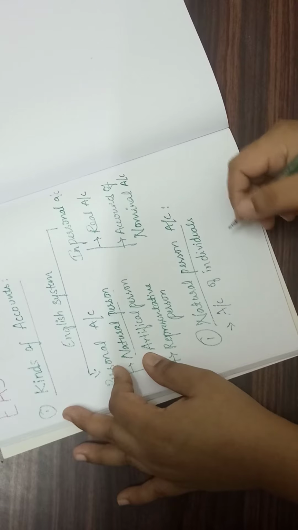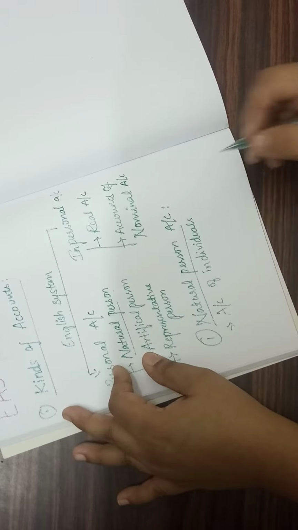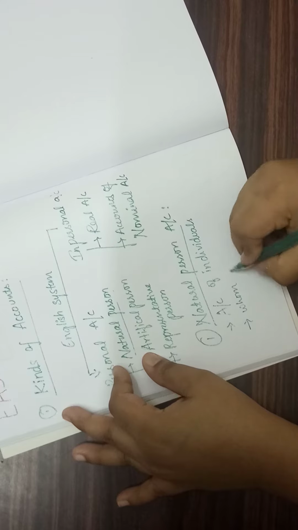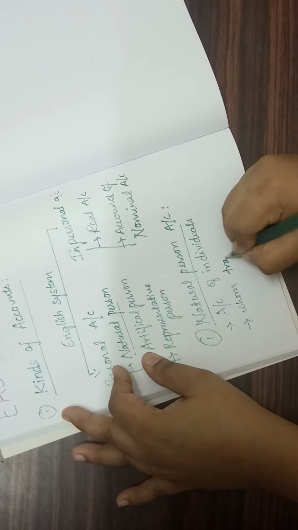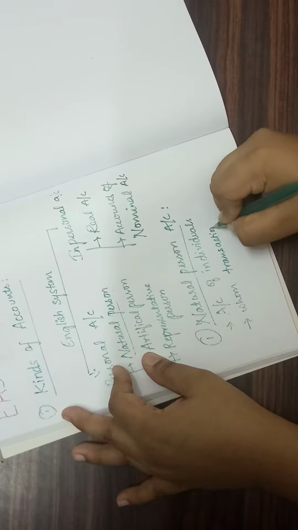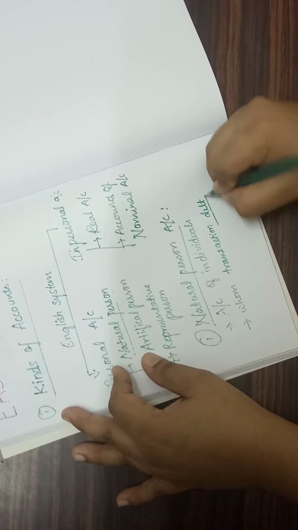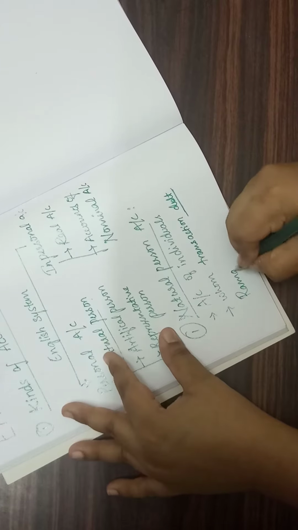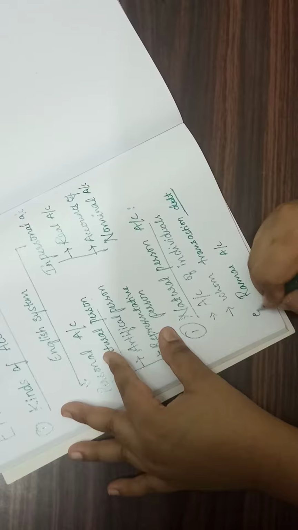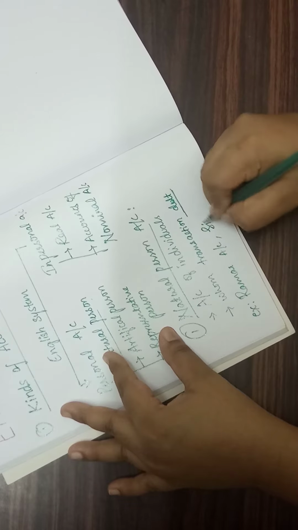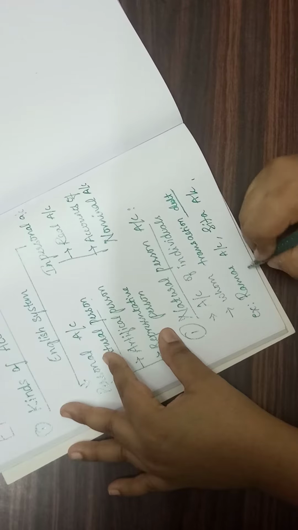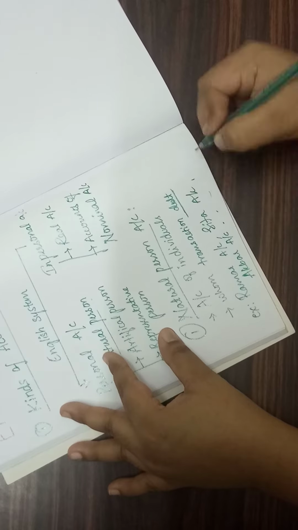Point 2, it concerns with the person with whom the transaction is done or dealt with. For example, Rama's account, Sita account, and Akbar account, etc.